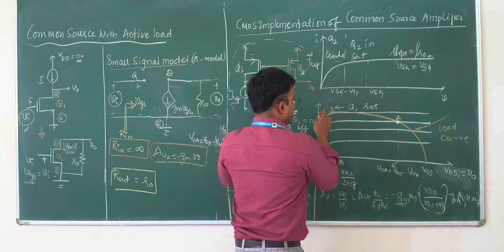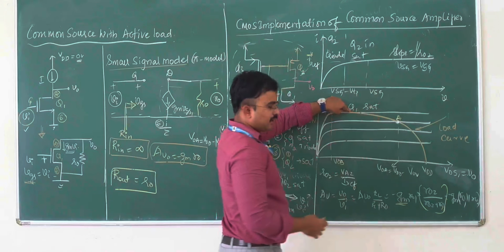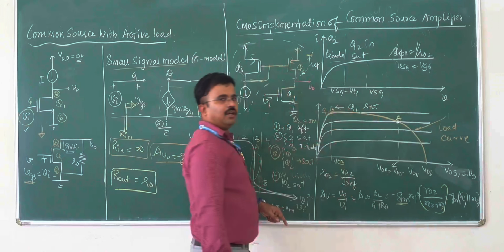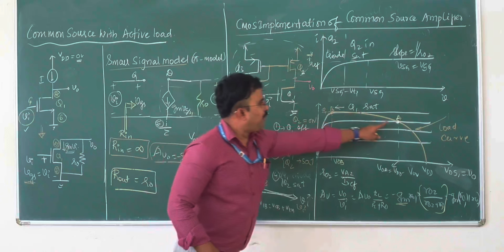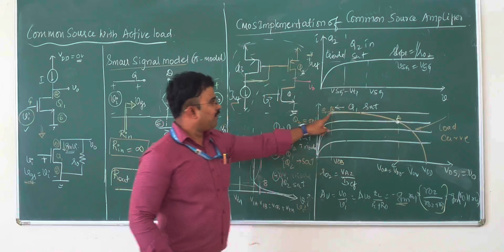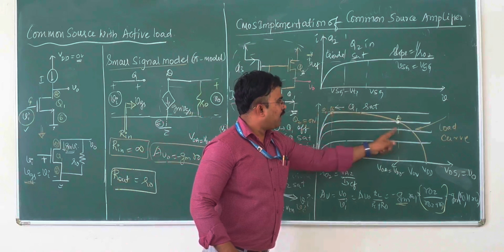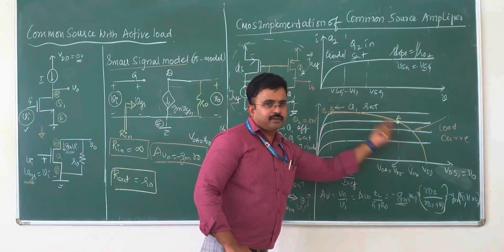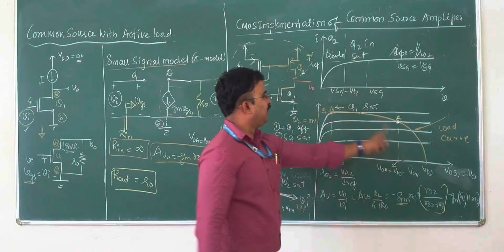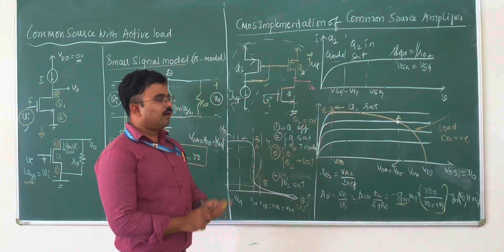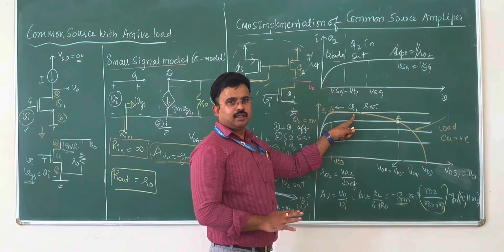This is a region where Q1 is in the triode region, and again Q1 is entering the saturation region, and the lower part is where Q1 is in the cutoff region. The different points are indicated like B and A, and if many such load curves are superimposed, the load curve is also an output characteristic.